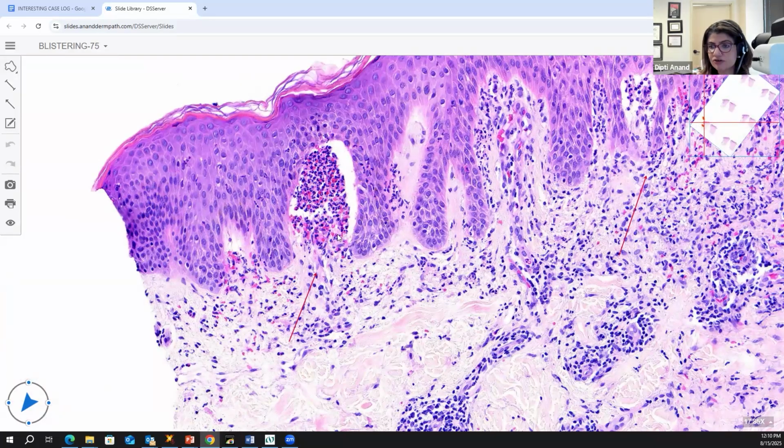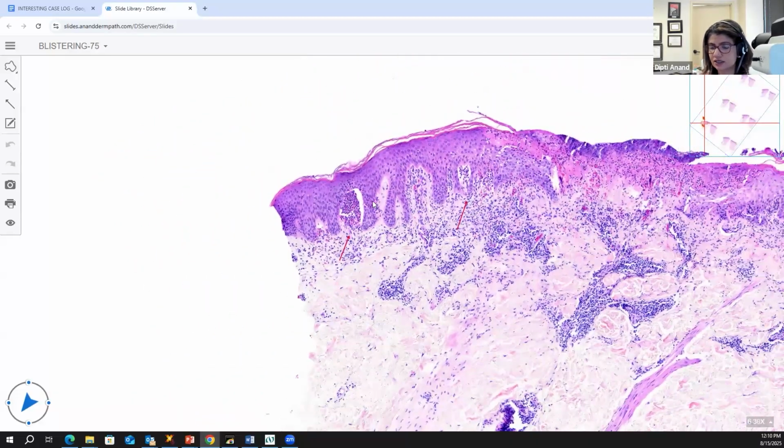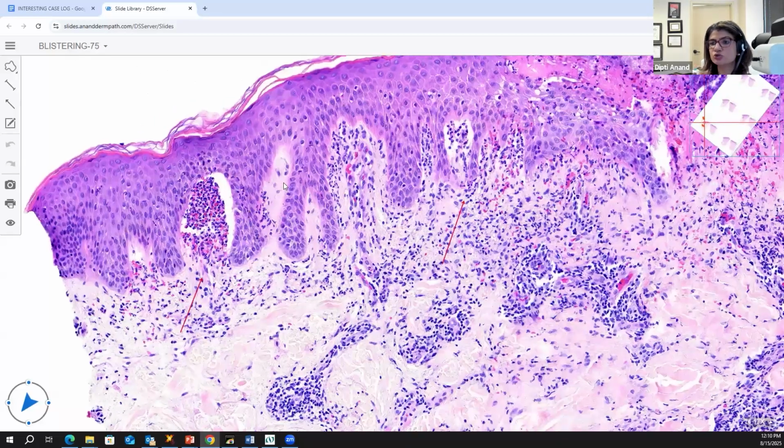This disease can have a very varied presentation in elderly individuals. So definitely when you're thinking about this and the biopsy is non-specific, do consider doing a DIF. The serology studies cannot be used in lieu of a DIF. The diagnostic is the DIF. So this is a nice subcorneal blister with neutrophils.